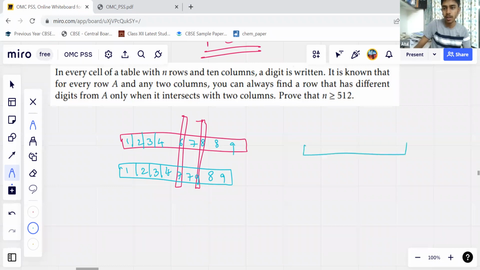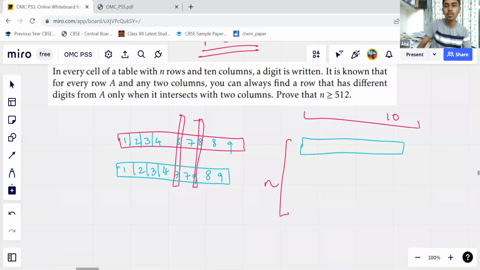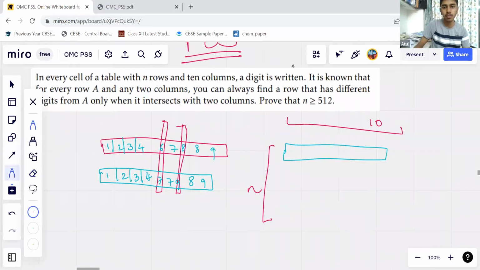So if you fix any row, there's 10 columns here, and we have n rows. So really to choose 2 columns, you have 10 choose 2, which equals 45 ways. But we do need to show n is at least 512.